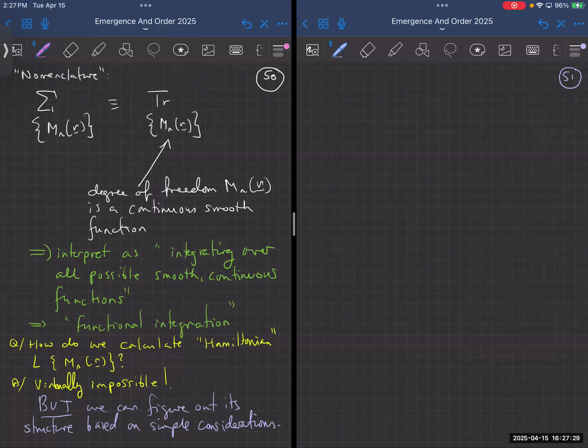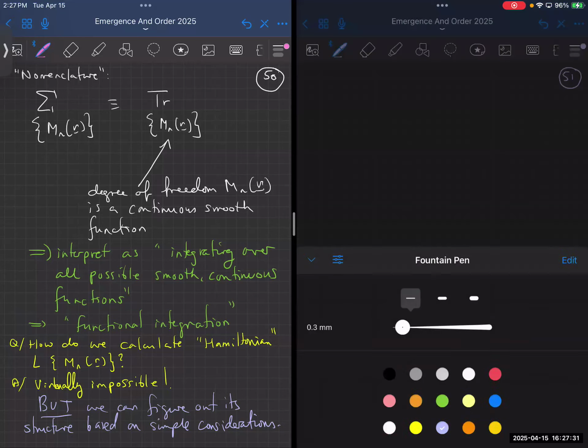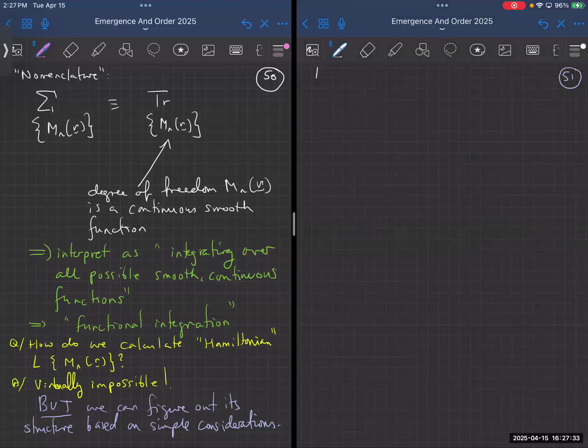In the nomenclature here, this thing L is called the Landau free energy, at least if it's in equilibrium. If you're not in equilibrium, there's another way to construct it, but one doesn't use a partition function.